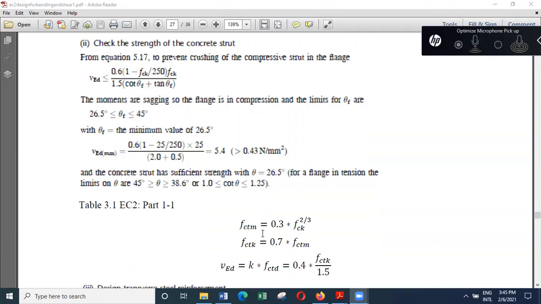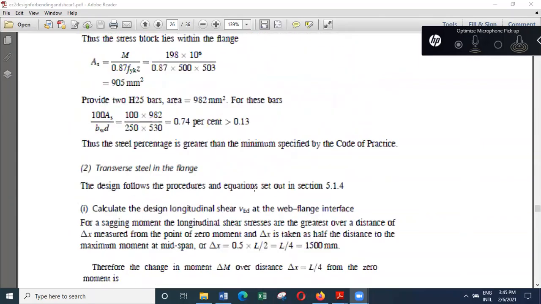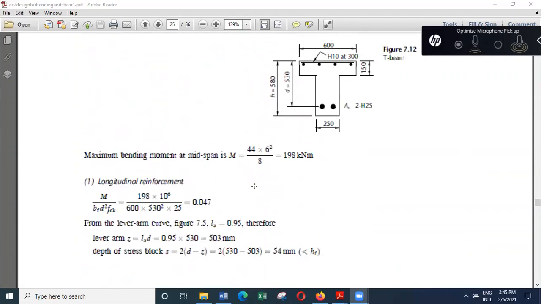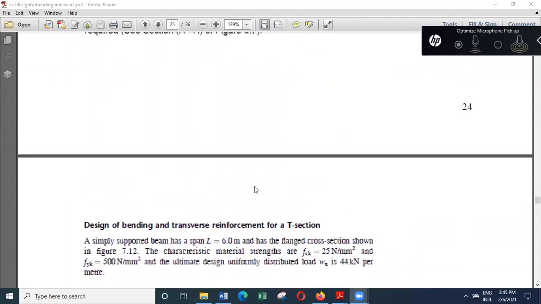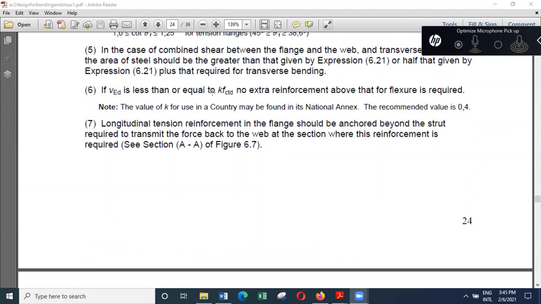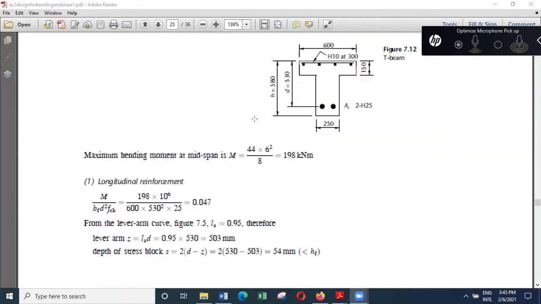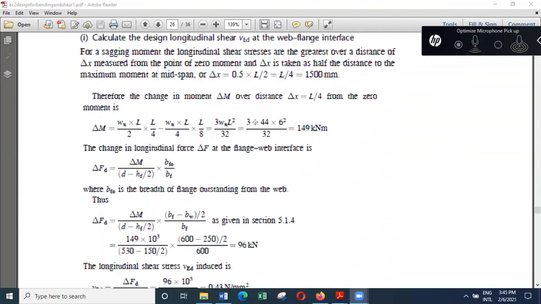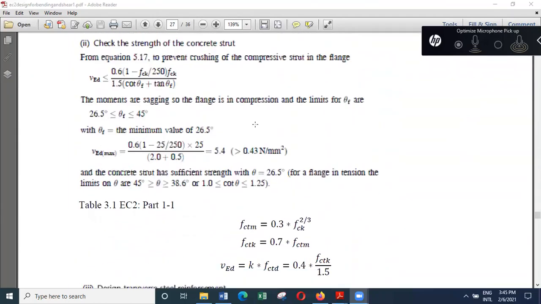So then the next question is to find whether we need to provide reinforcement, and to see whether we have to provide reinforcement, we need to find this particular limit, 0.4 times FCTD, and let's see how to find that.